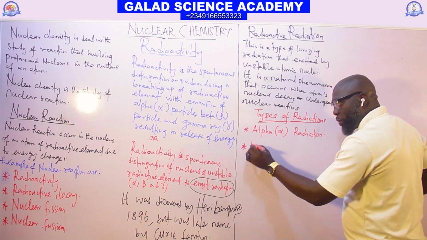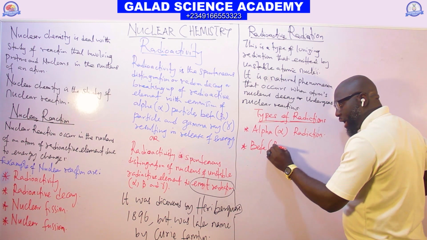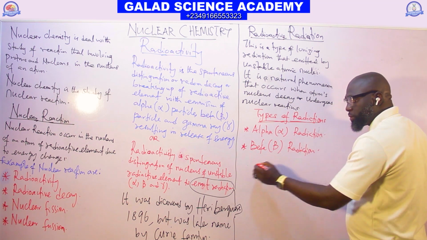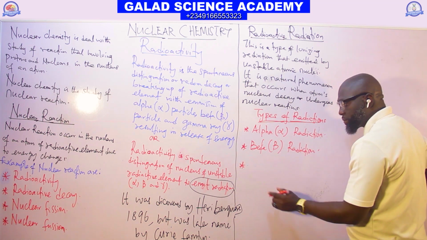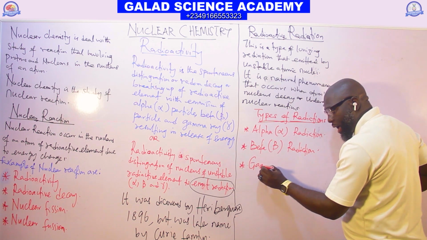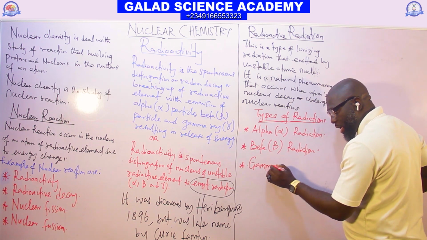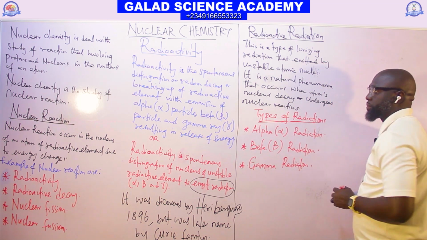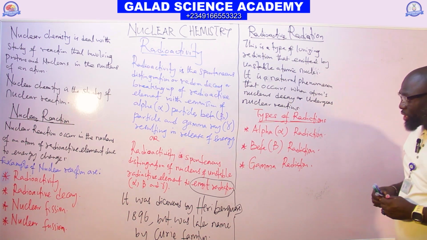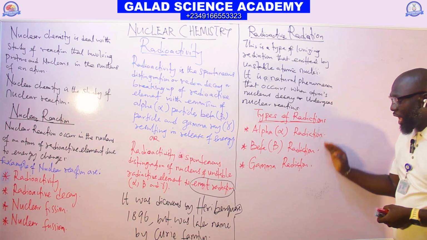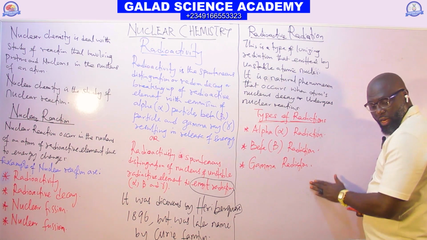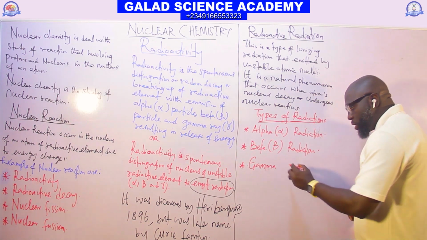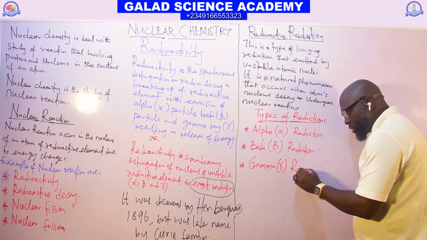The second one is beta radiation. The third one is gamma radiation. So these are the three types of radioactive radiation we have. Let me put the symbol for gamma too. This is the gamma radiation.